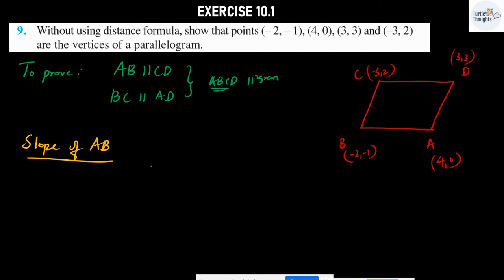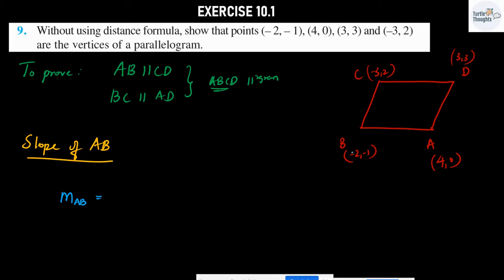Y2 minus Y1. So I can write this as MAB. Do you want me to write what is X1, what is X2, or can I do it directly? Directly? Okay. So the slope of line AB is given by y2 minus y1 divided by x2 minus x1. So anyone you can consider as x1 y1, anyone you can consider as x2 y2.